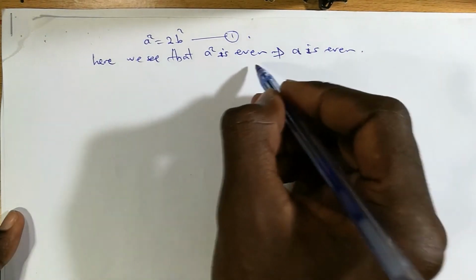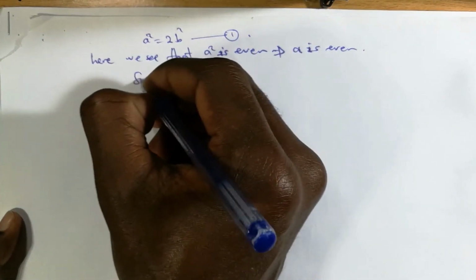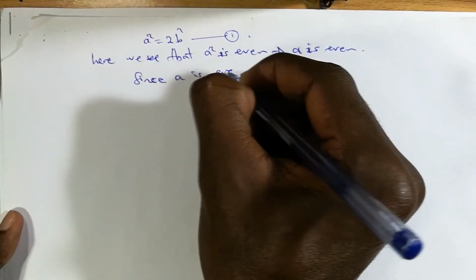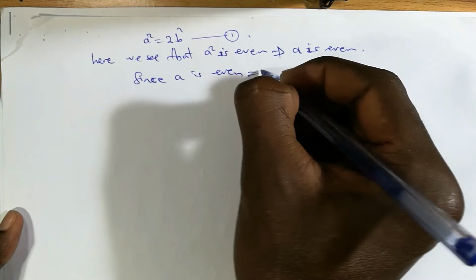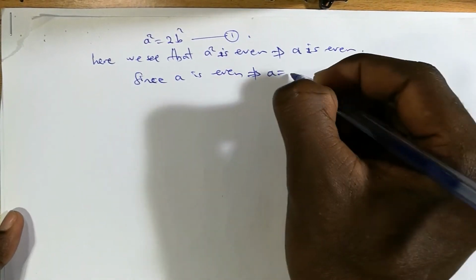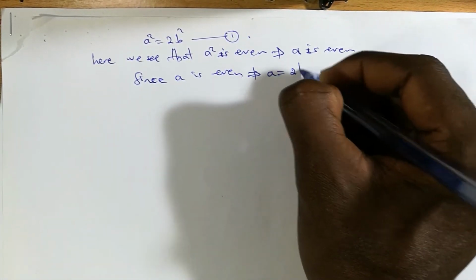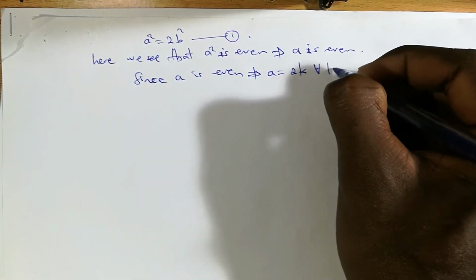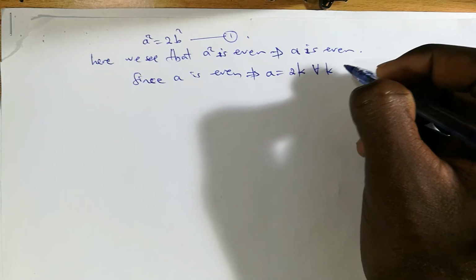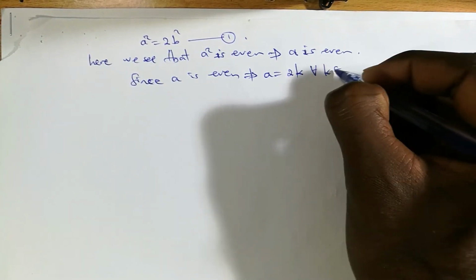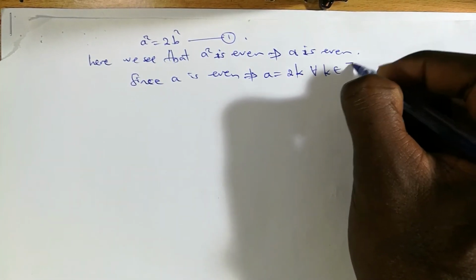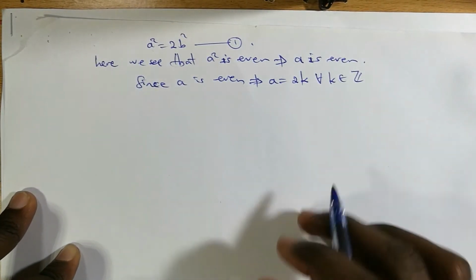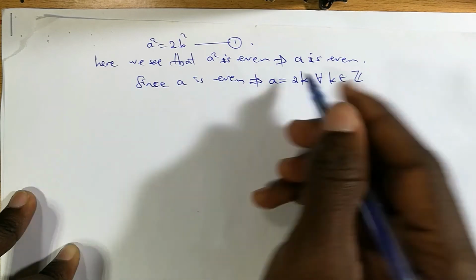So now, since a is even, that means a can be expressed in the form 2 times some integer, let me say k, for k being a member of the set of integers.